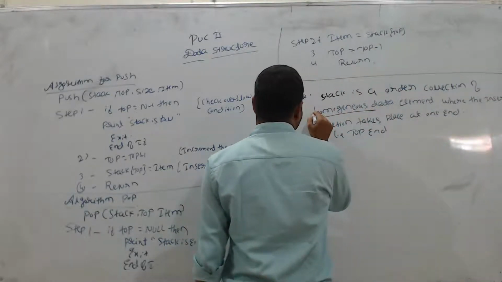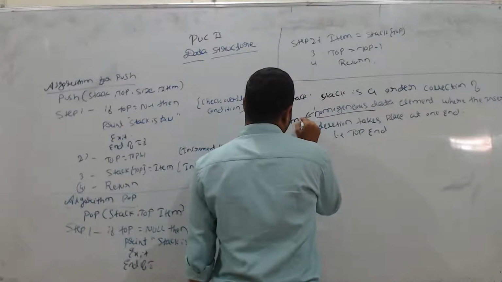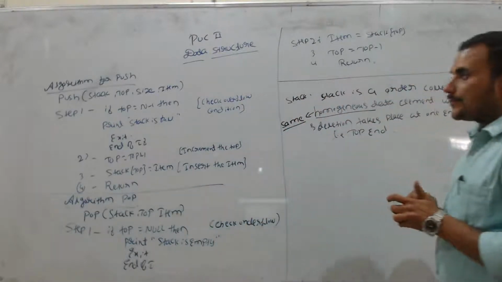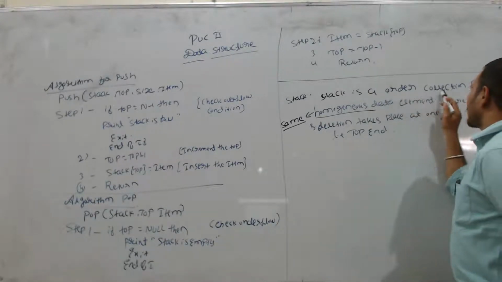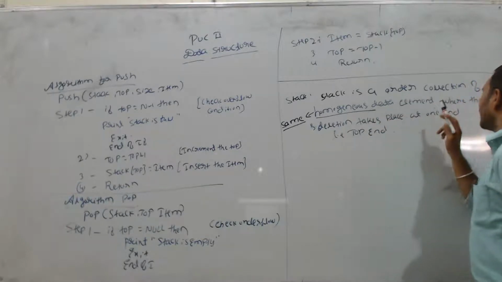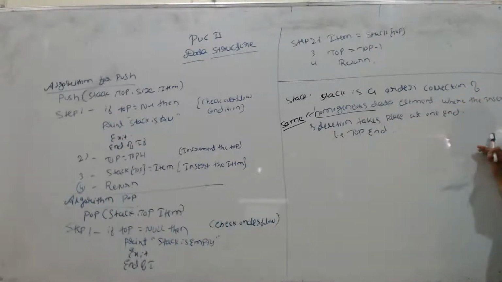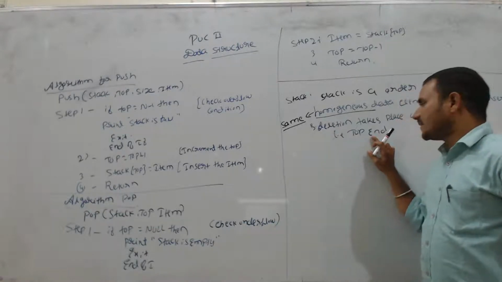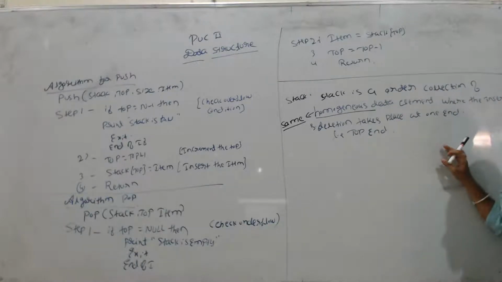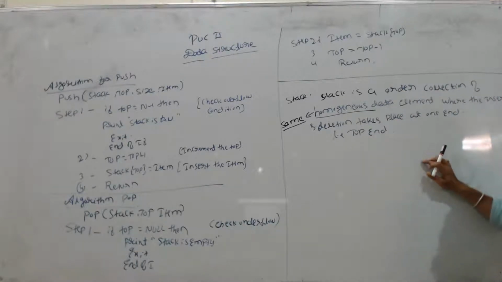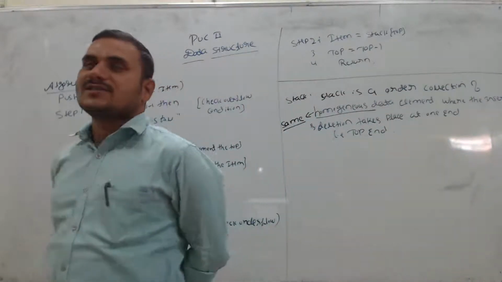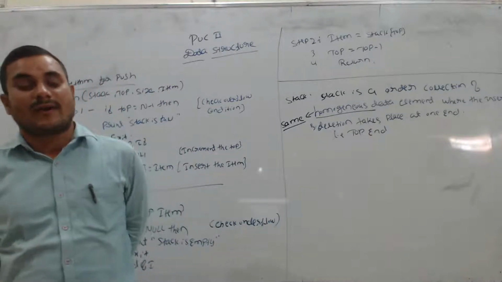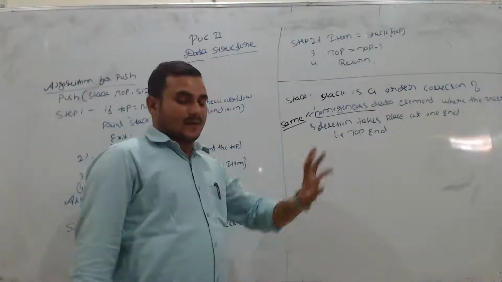The definition of a stack: a stack is an ordered collection of homogeneous data elements where insertion and deletion take place at one end. That is our top end.